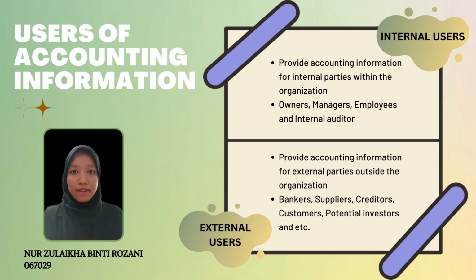Cost accounting and management accounting is concerned with ascertaining, analyzing, and reporting of cost and revenue information for planning, control, and decision-making. External users represent financial accounting that provides accounting information for external parties outside the organization, such as bankers, suppliers, creditors, customers, and government agencies.